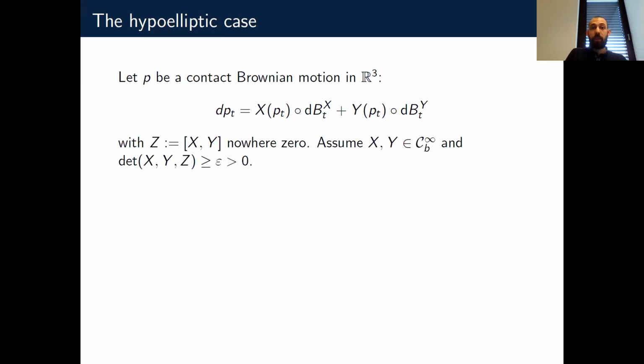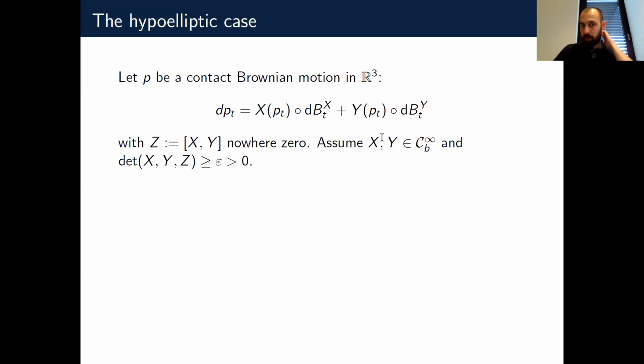Right. Hypoelliptic case. It's the case I described just before. You have in R3 your collection of planes, and you have diffusions along these planes. I'm going to say that I have diffusion in direction X and diffusion in direction Y with two vector fields. If you don't like this, you can add a drift in the direction of the plane to make it more intrinsic.